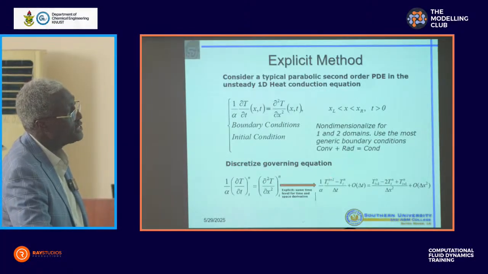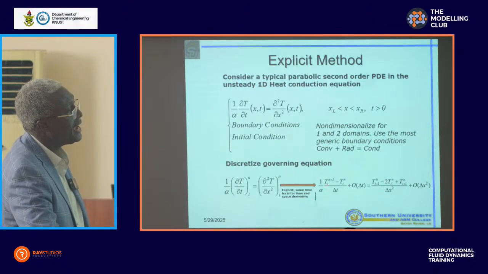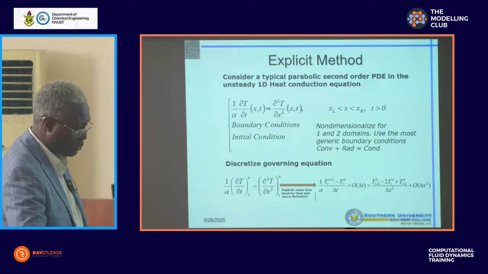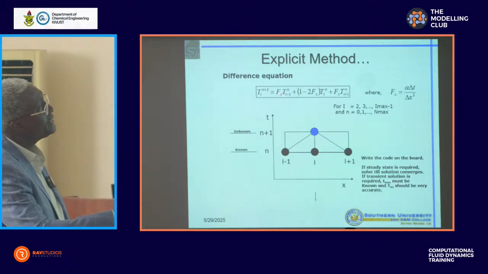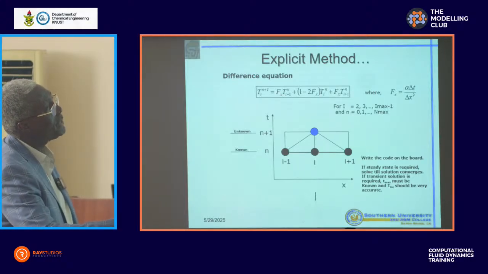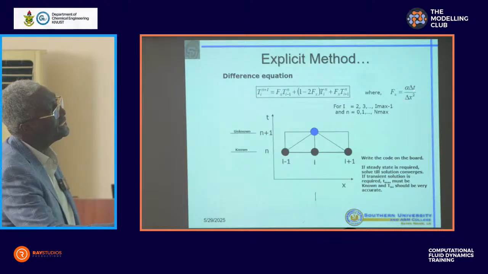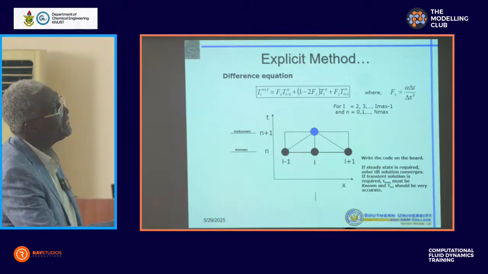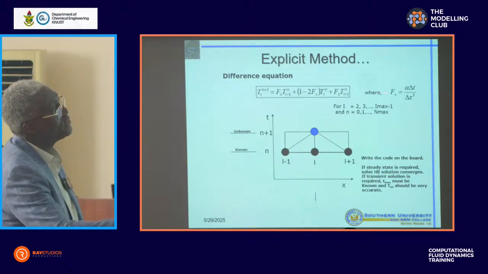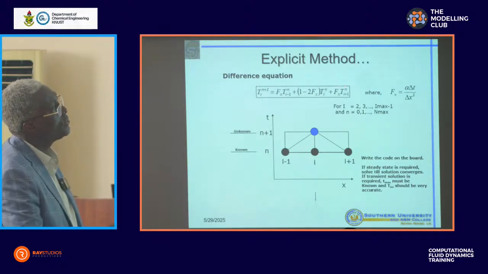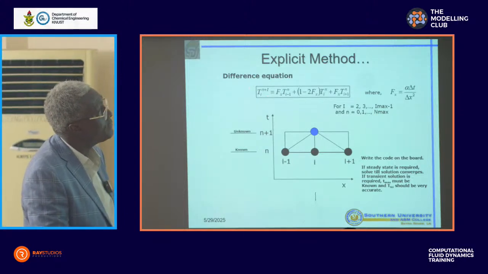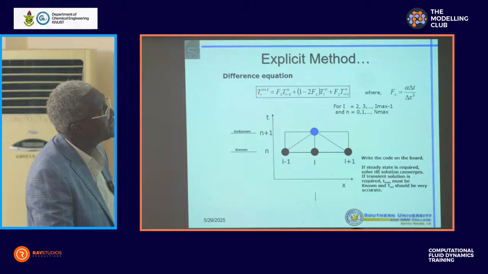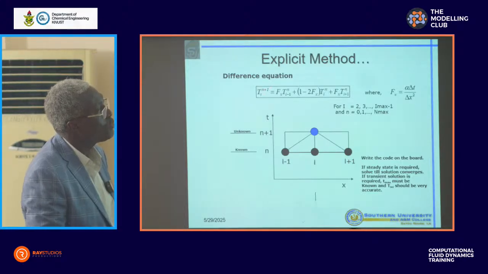You solve this whole equation for Ti at the time step n plus 1, and that is this equation here, where this multiplier is F equals alpha delta t over delta x squared, and then the multiplier over here is 1 minus 2 Fx, and Fx, of course, will be that, and so on. So this gives you the explicit solution to the temperature at the time step n plus 1.